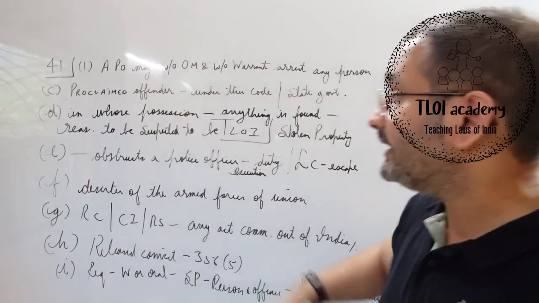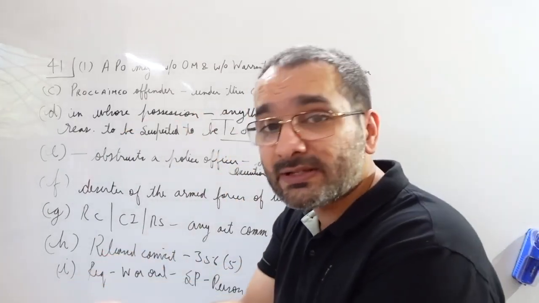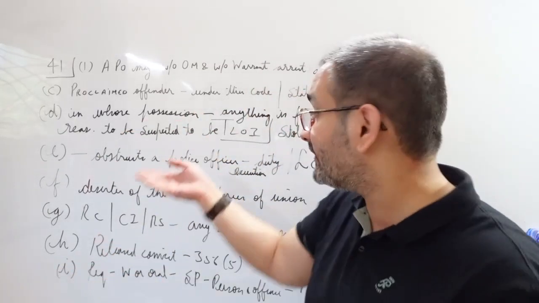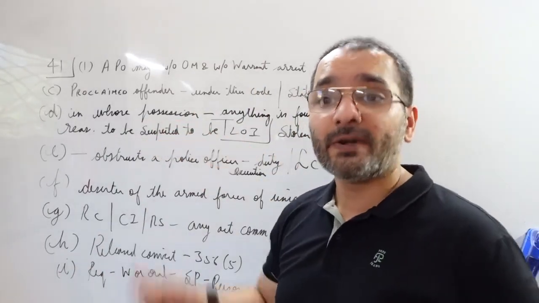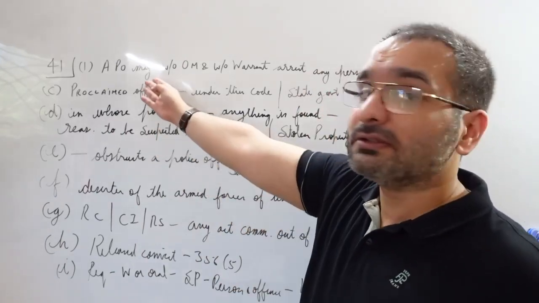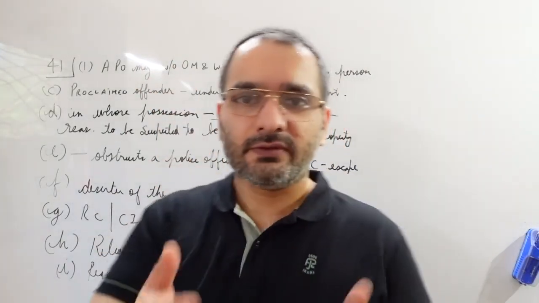So in whose possession anything is found which is reasonably, now obviously it is a reasonable suspicion that we have now, suspicion rather, that the police officer will suspect it to be stolen property, then the police officer may do what? May arrest you without a warrant and an order of the magistrate.